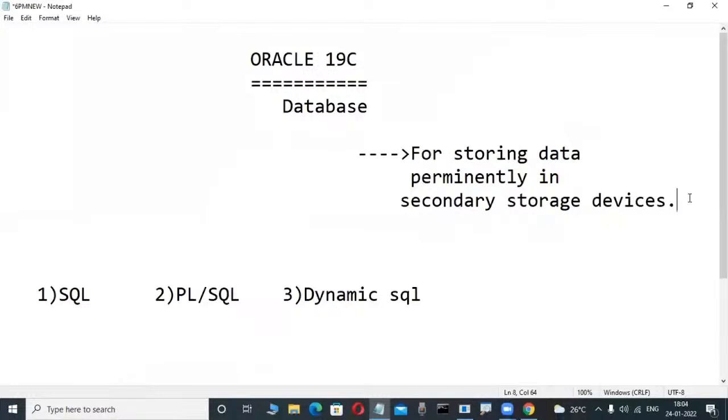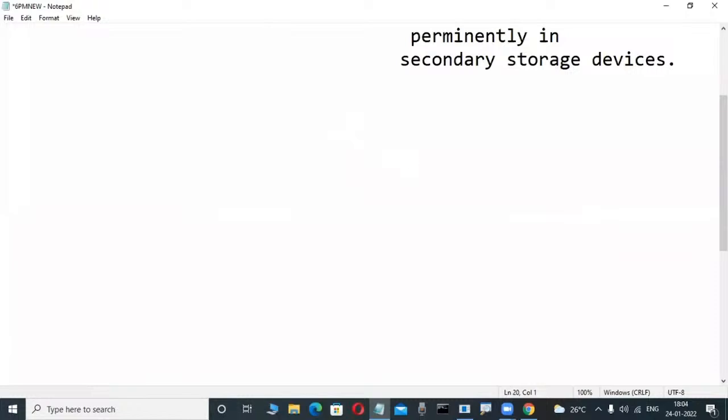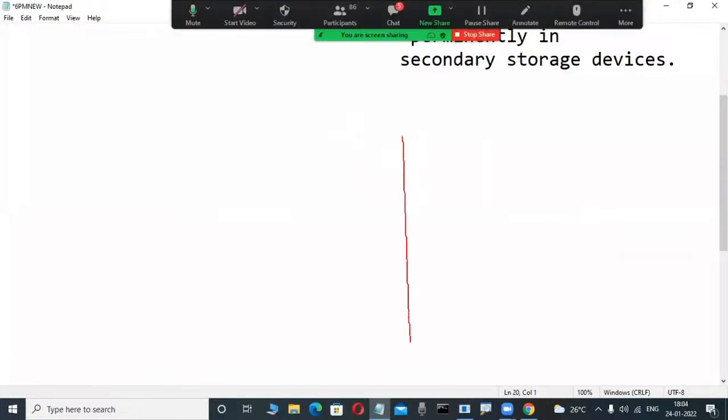But unfortunately, as I was telling in previous classes, observe slowly here: a database is a place. Whenever we install Oracle, SQL Server, or DB2 in our system, automatically one place is created. That is called a database.